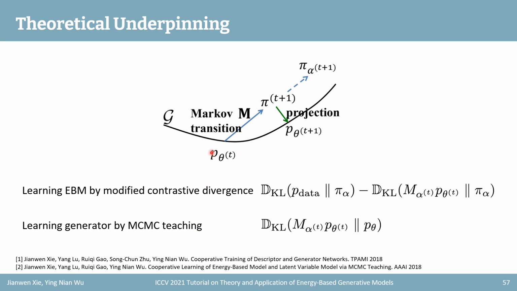Let P theta T be the marginal distribution of the generator model at current theta T, and then you run a few steps of MCMC towards the current EBM. After a few steps, you get to this distribution. And actually what you do is project this distribution onto the manifold of the generator model. So you update theta T plus 1, which is obtained by minimizing this KL divergence.